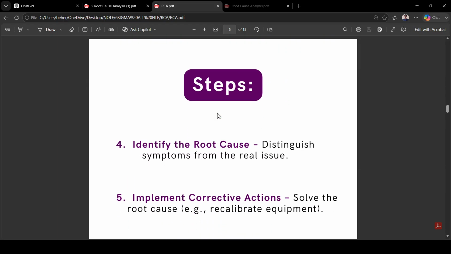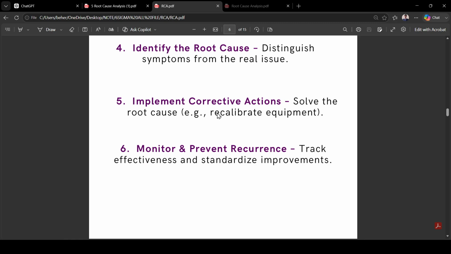Then identify the root cause: distinguish symptoms from the real issue. Implement corrective action to solve the root cause, for example recalibrate equipment. Monitor and prevent recurrence: track effectiveness and standardize improvements.